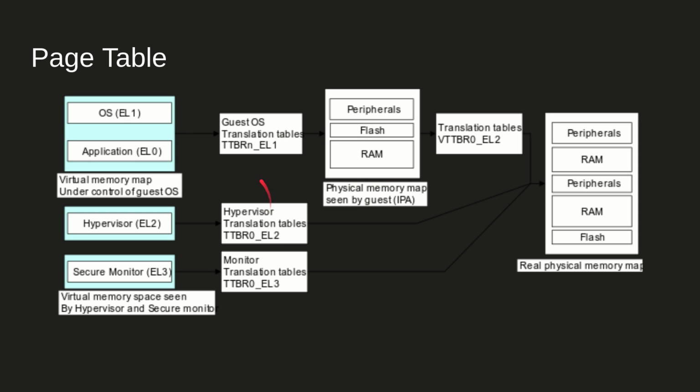But here's the thing, EL2 has a special register called VTTBR0, basically virtual translation table. It's a translation table in ARM, not a page table. Only when you're running as EL2 can you modify this. It basically says take these physical addresses and map them to actual physical addresses. So it itself doesn't know that it's talking to.